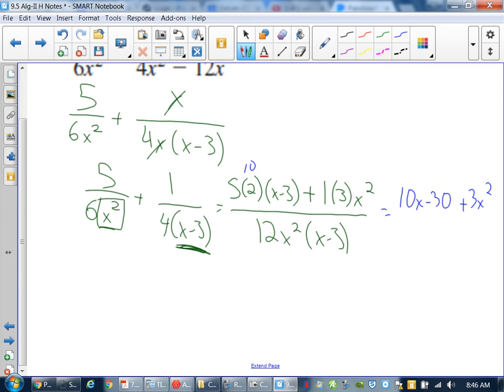When I rewrite this, my final answer then would be 3x squared plus 10x minus 30 all over 12x squared and x minus 3. And you sit there and think about it, what times what's negative 90 that you add together to get 10? I think that it factors itself through.